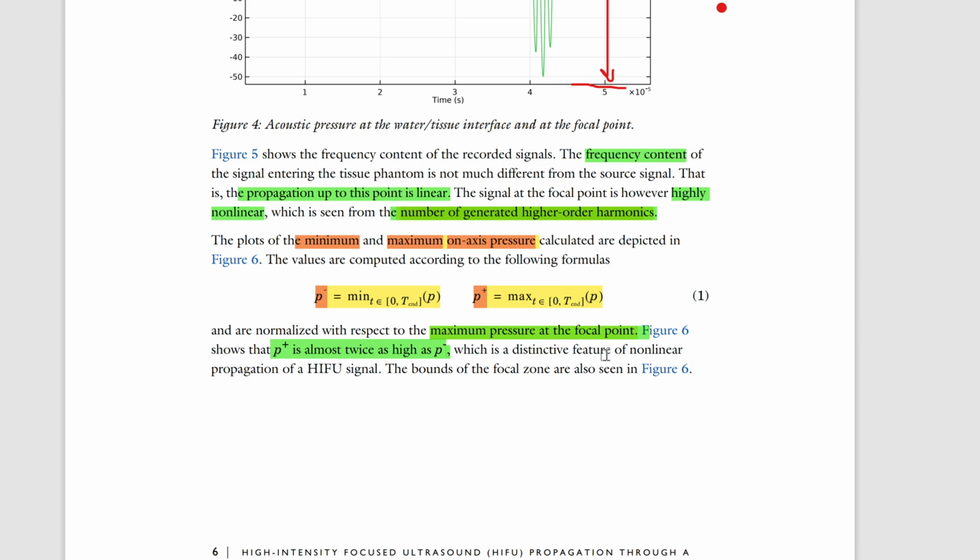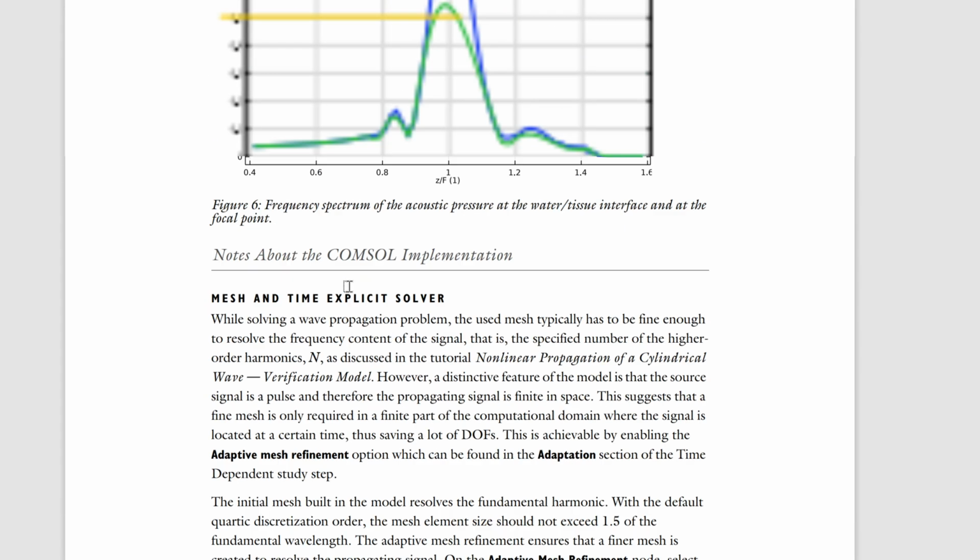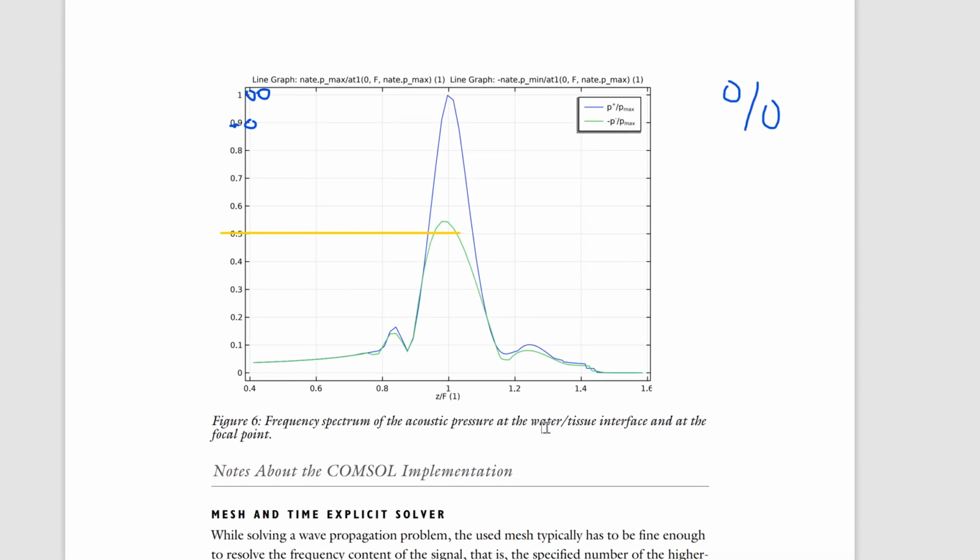The bounds of the focal zone are also seen in Figure 6. Let's look at the bounds. Z divided by F. Distance, Z distance divided by focal. No, frequency.